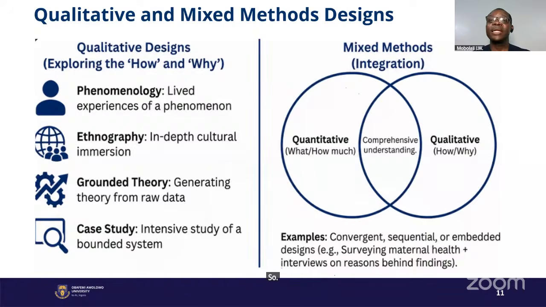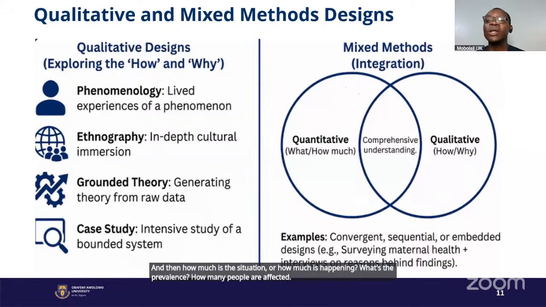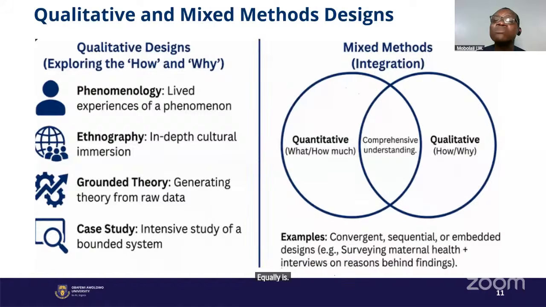So the mixed method is the combination of both quantitative and qualitative. While the quantitative is trying to look at what is happening, and how much, what's the prevalence, how many people are affected, the qualitative is trying to look at how.